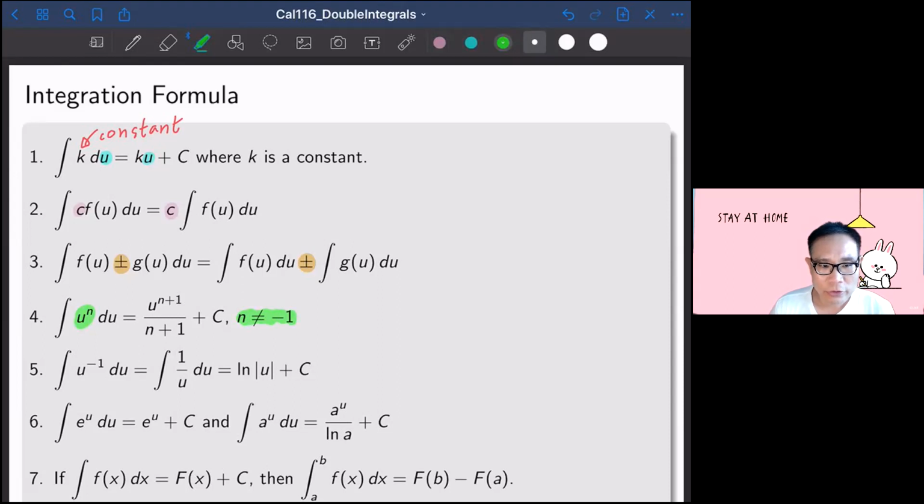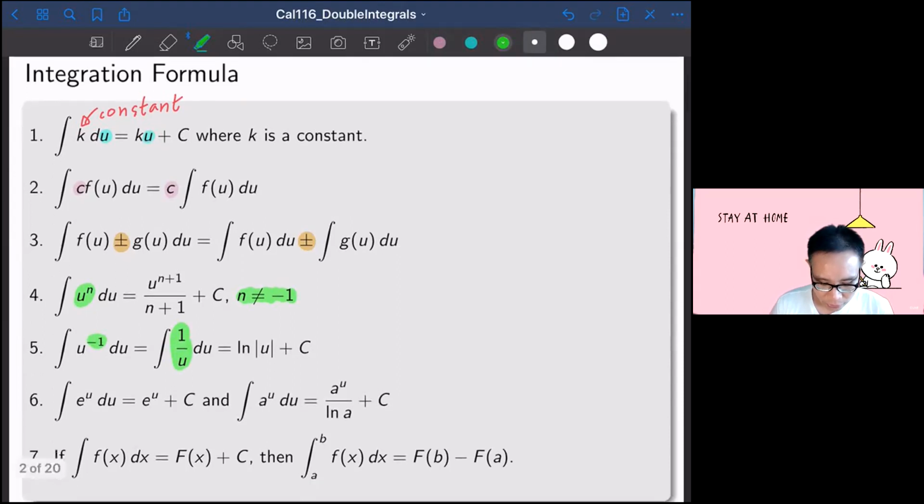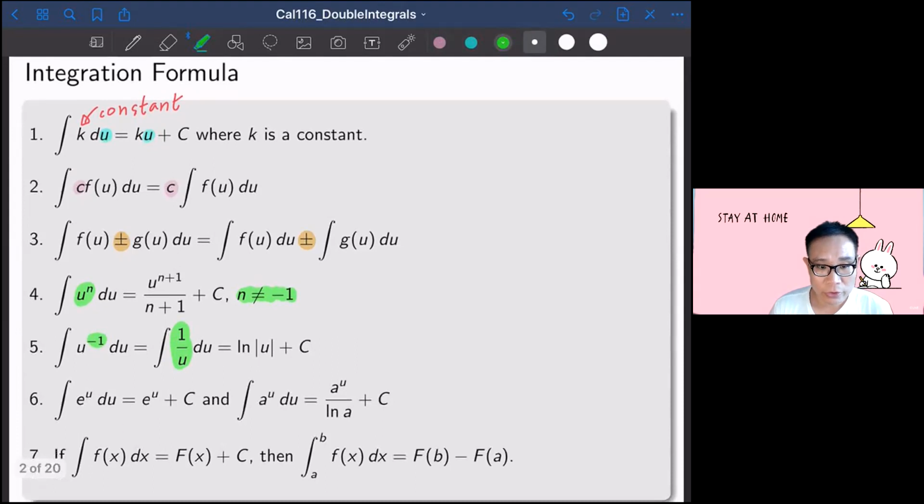And you have the integral of u to the -1. So this one is just the integral of 1 over u, and it's going to be log absolute value of u. Okay, so these are the formulas that you studied in Calc 1. And you have the integral of e to the u du, so it's going to be e to the u plus c, and you have the integral of an exponential function with base a.